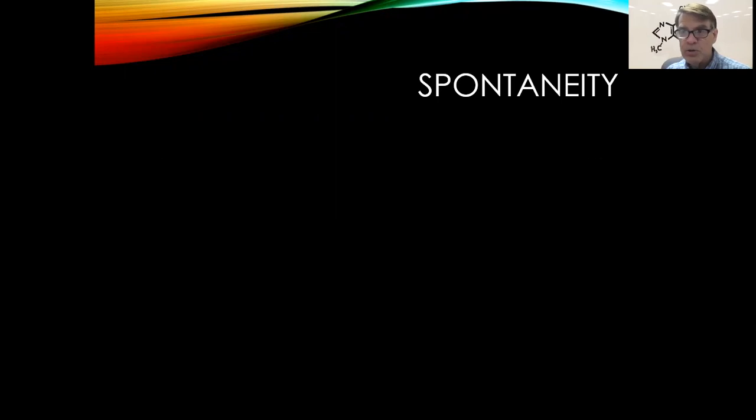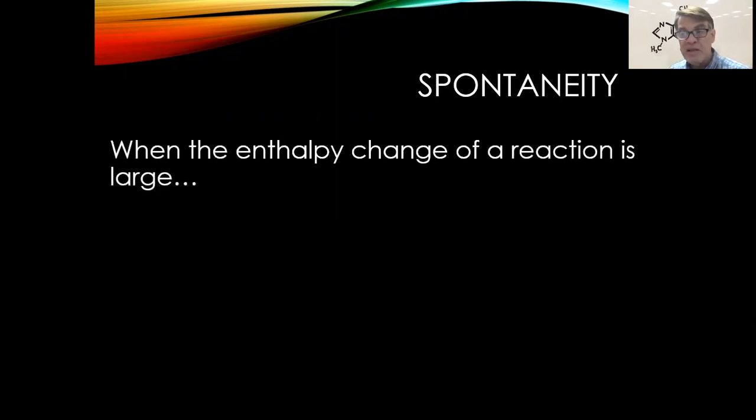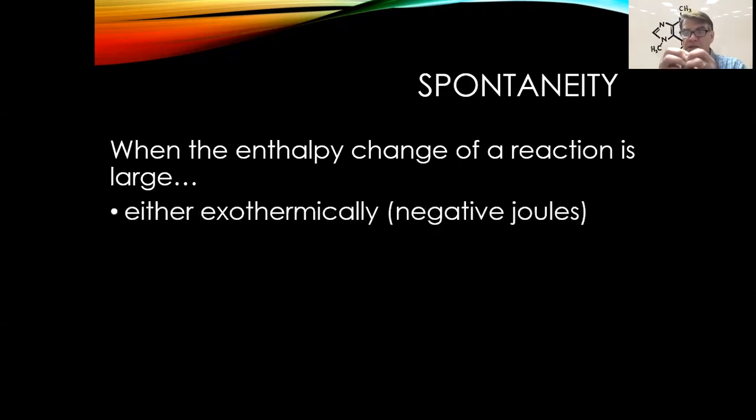Well, one of the ways to anticipate that it's going to be a spontaneous reaction has to do with how large the enthalpy change is. When the enthalpy change of a reaction is large, let's say the reaction gives off lots of heat, exothermic, the heat exits, goes out. And so the item itself is losing heat in that exothermic, and so it's going to be negative joules. It could be other measurements of heat, but I'm going to go with joules just as a picture.